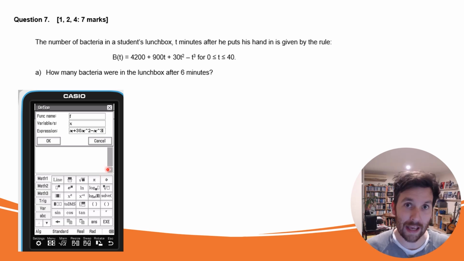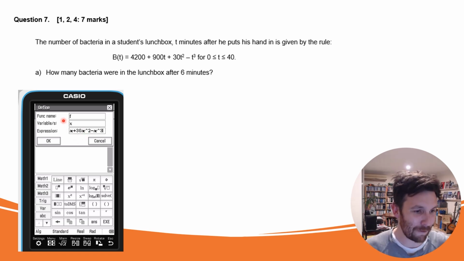I'm going to throw a little caveat at you though. Our function in the question is b of t. I've left it in the ClassPad as f of x, and there's one big reason for that. The x variable there, we've got an x button on the front of the calculator, so anytime we need to type in x, it's just there on the front, so we can hit it really easily rather than go through the menus.